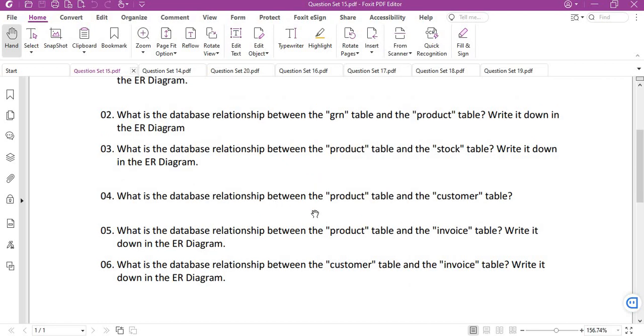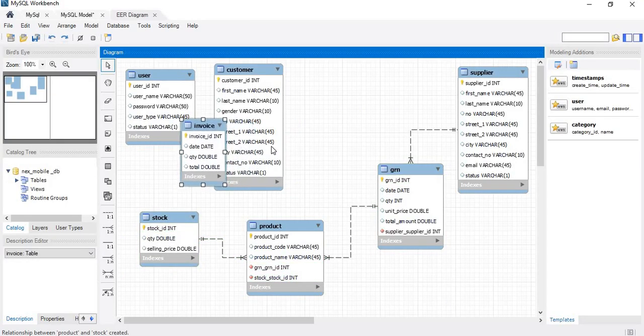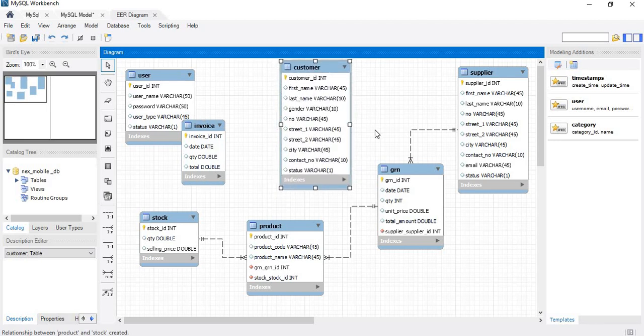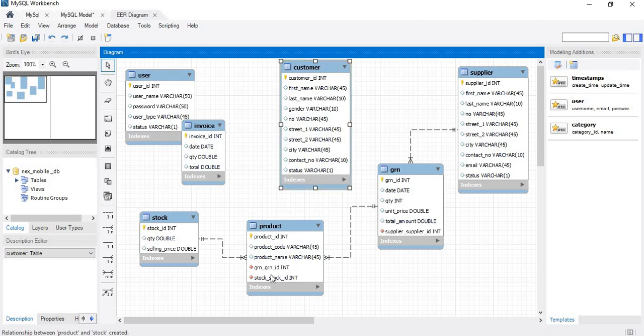What is the database relationship between product table and customer table? We will see the relationship between product table and customer table. Here, a product can be purchased only by one customer, but a customer can have many products.